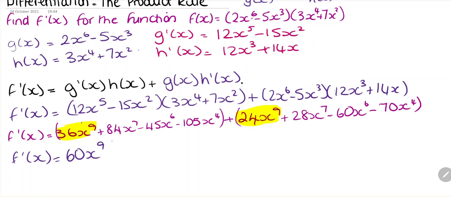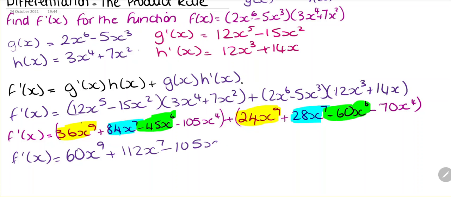Okay, what do we have? A power 7, so we have 84 and we have 28. So this is going to be 112x^7. So let's have a look at the next one, power 6. So we've got negative 45 and negative 60. So this is going to be negative 105x^6.